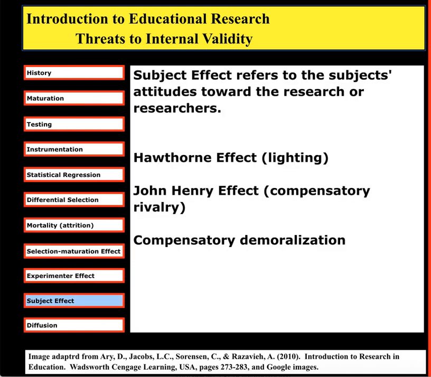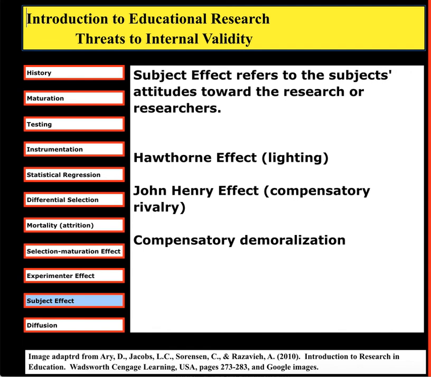Then there are subject effects, and this refers to the subject's attitudes towards the research or the researchers. And there are some interesting examples in the field of industrial psychology. The Hawthorne effect comes from, I believe it was a motor plant in the Midwest that was studying the effects of lighting, the amount of lighting, on the production line, on the assembly line.